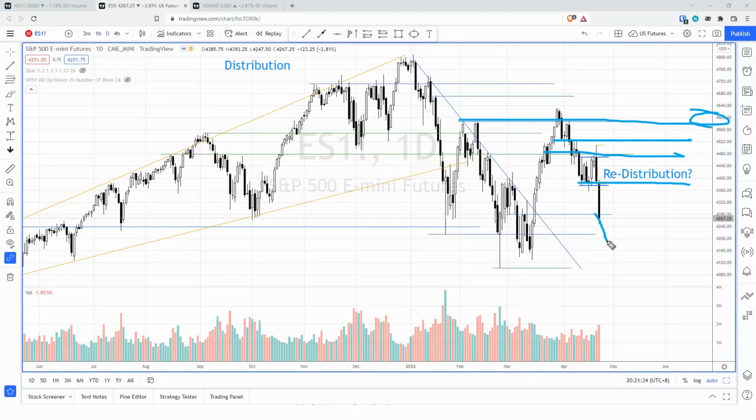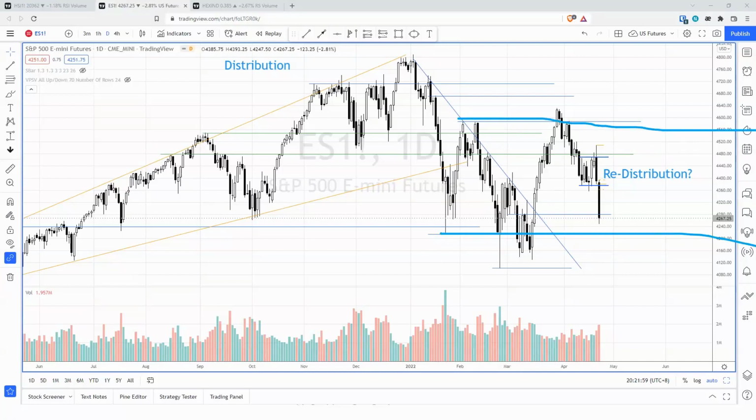So something like this: bounce back up, going up, break all the resistance, commit above, and then show a test as a backup action. Then that could become an accumulation, right? So right now is definitely geared towards a redistribution structure.